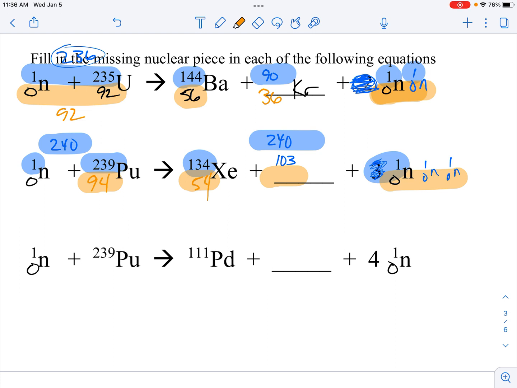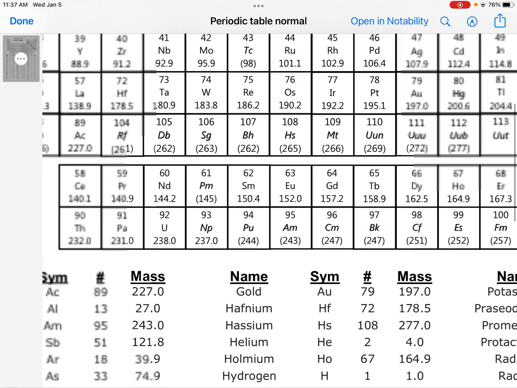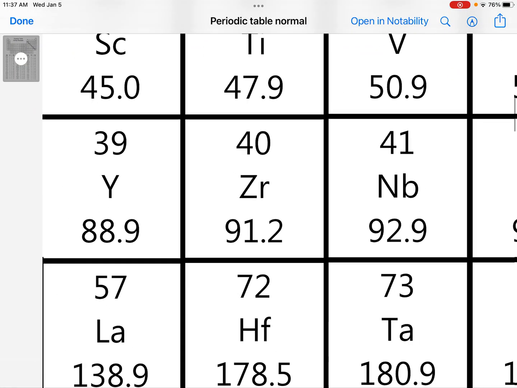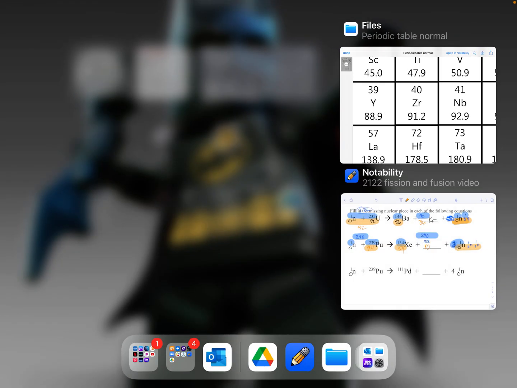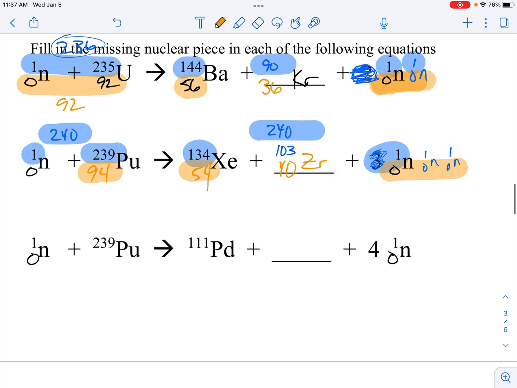So it's really just 94 minus 54 gets me 40. So my number down below here is the number 40, which means that I can go back to my periodic table and find element number 40. There it is, zirconium, like so. So this is Zr.